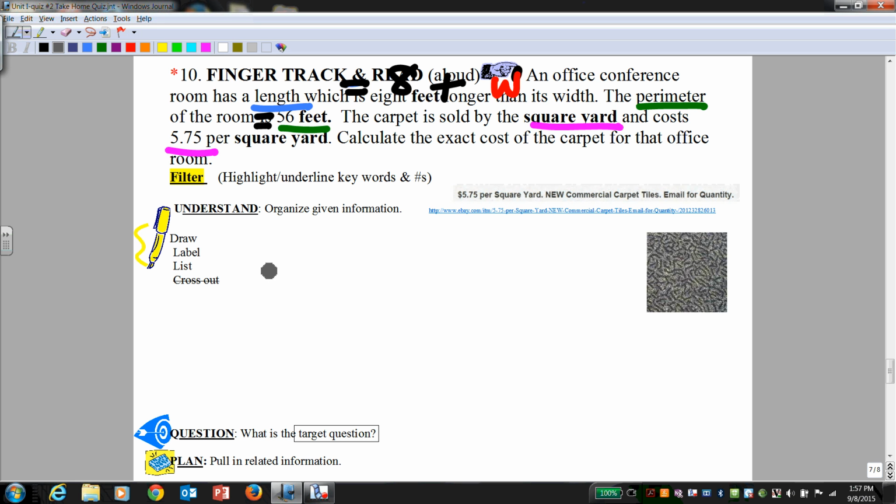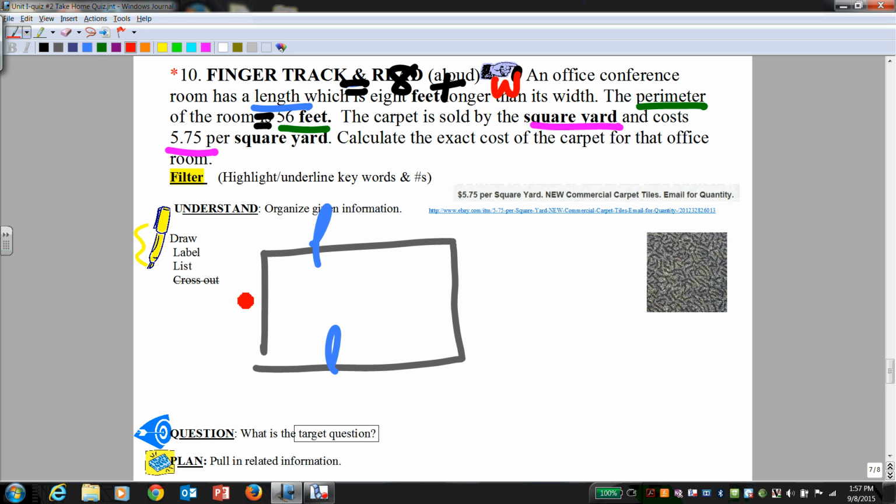We have the rectangular room. We have our length. We have our width. Our length is 8 feet longer than our width. Cross stuff out as you account for it.